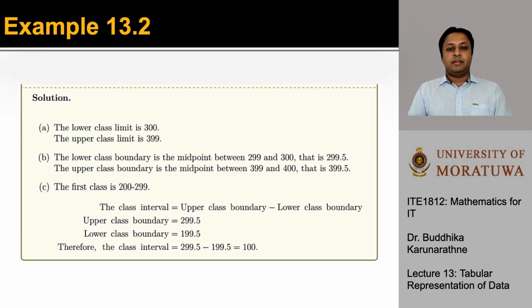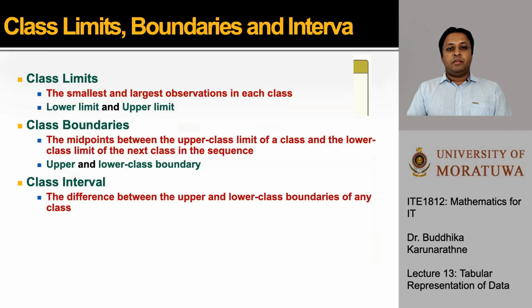So you subtract 199.5 from 299.5 and you get 100. So the class interval for the first class becomes 100. This example clarifies the concepts of class limits, class boundaries, as well as class intervals.